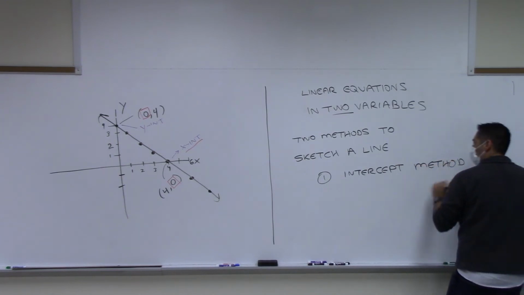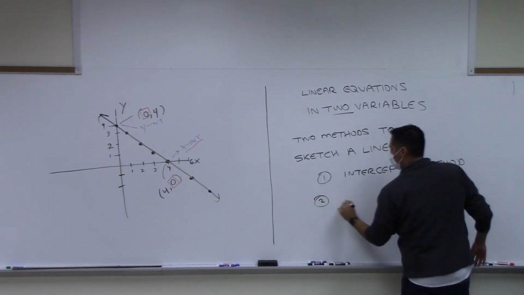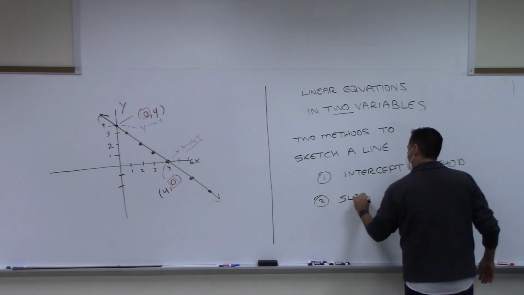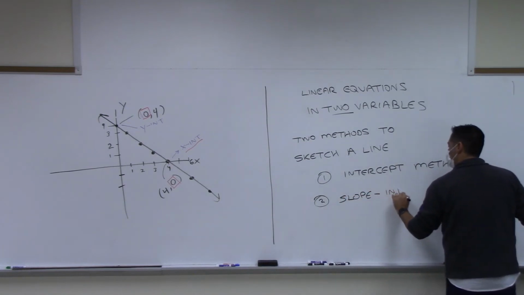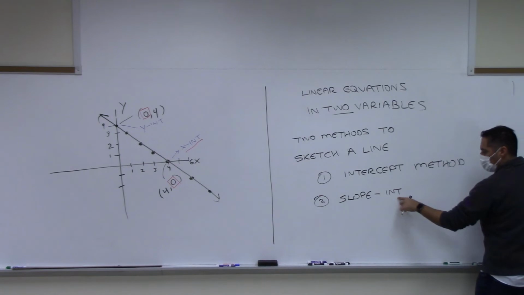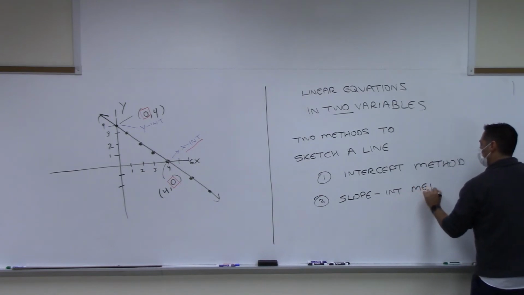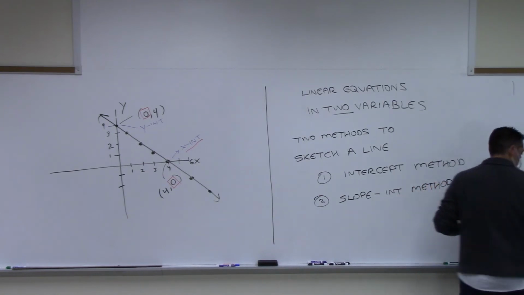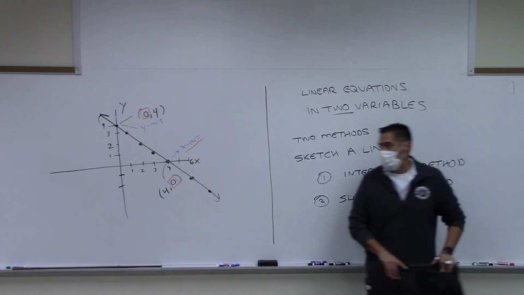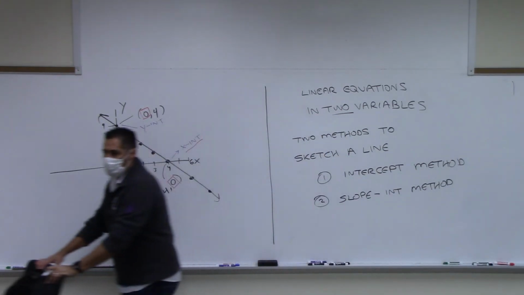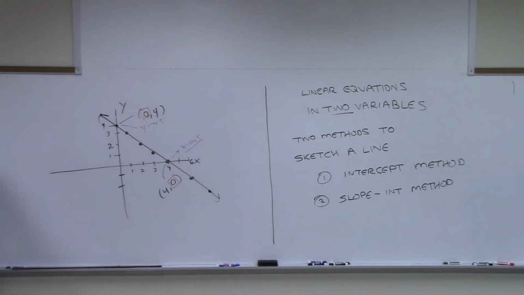And the second one is called the slope intercept. I'm just going to put INT, slope intercept method. All right? Those are the 2 methods we have to sketch a line. I'm going to teach you both.